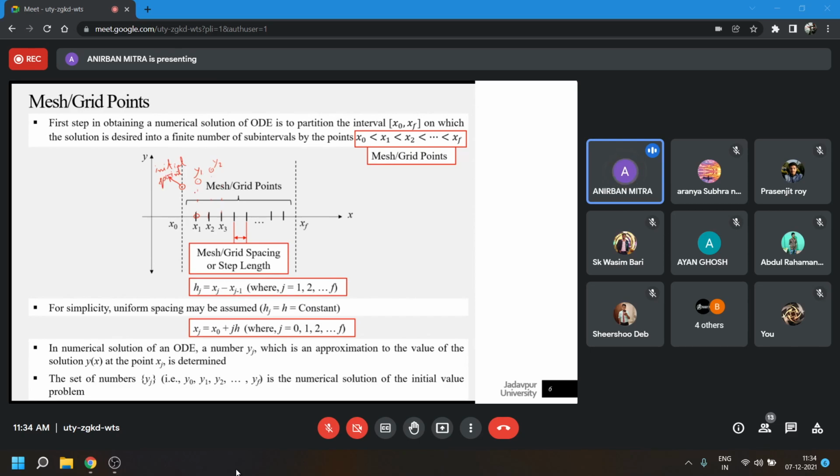Starting with that, using the slope, we'll obtain all these y coordinates and ending at yf. So basically, this is giving an indication of a curve like this. And remember that we are basically looking for a solution curve, which is g(x), as the solution of the initial value problem.